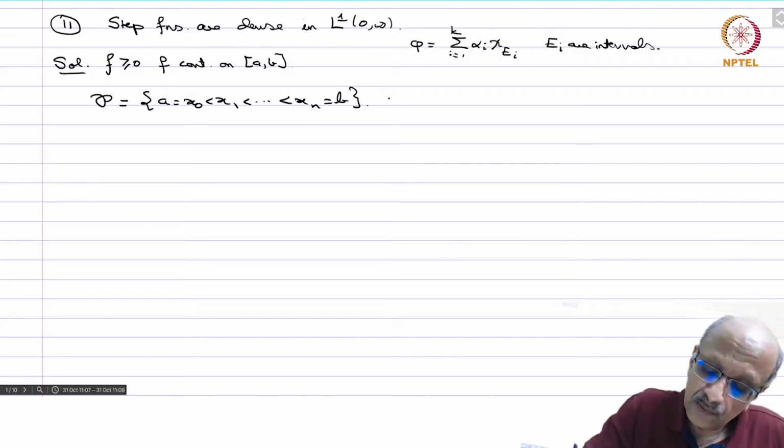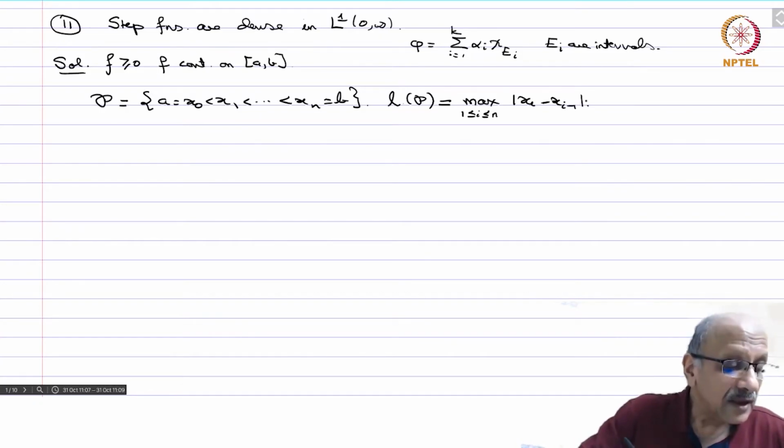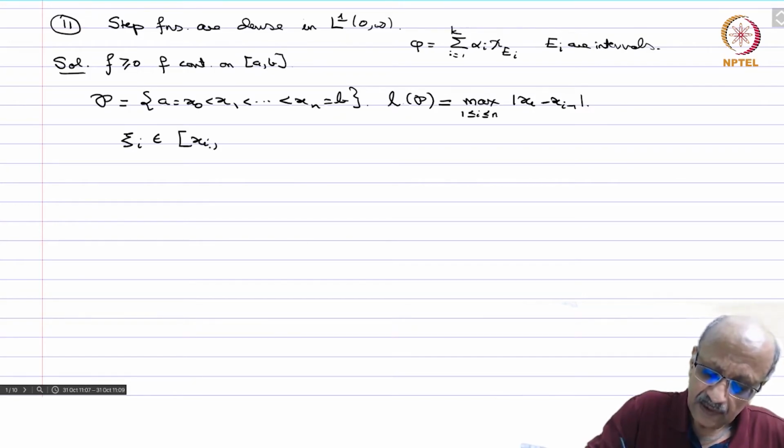Okay, and you set L of P, if you like, is the maximum length. So this is the maximum over 1 less than or equal to i less than or equal to n of |x_i minus x_{i-1}|.